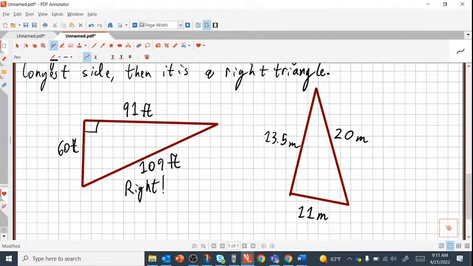That triangle is not right. Sure, so start with the square root.